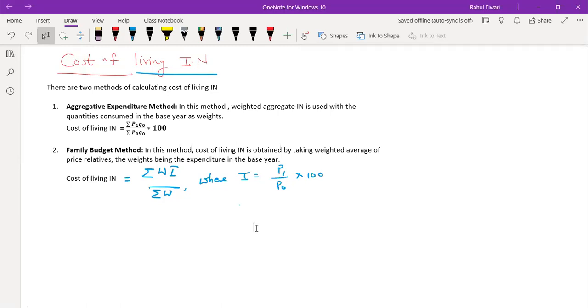If people are earning more, their expenditure becomes more, they shop more. It all depends on your family budget. If the income is less, your expenditures will be less. That is basically one concept.